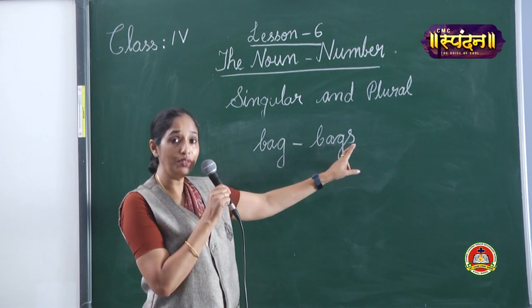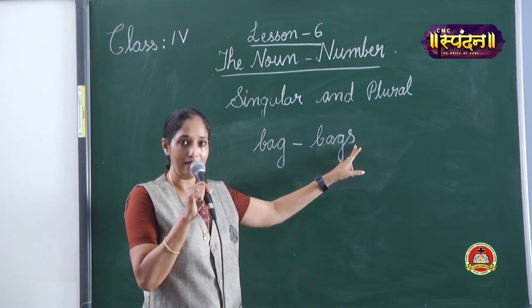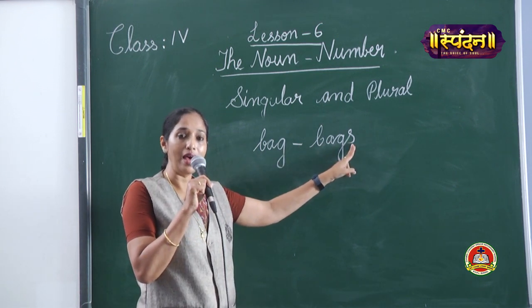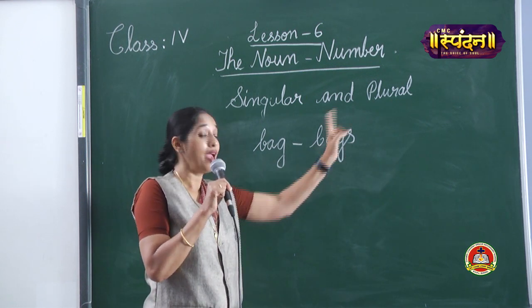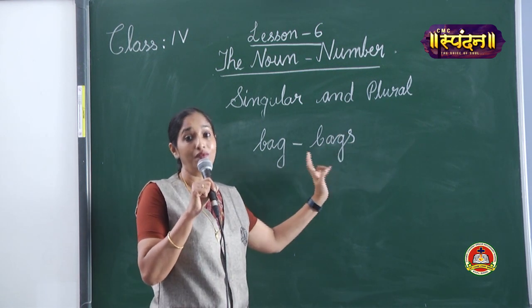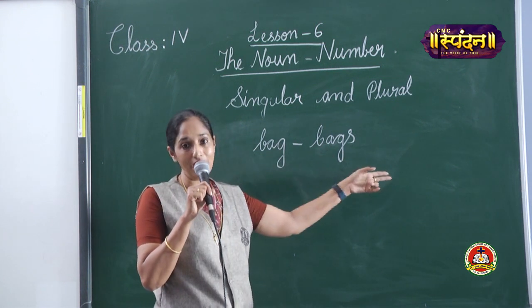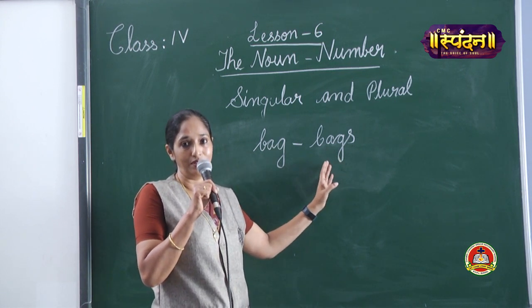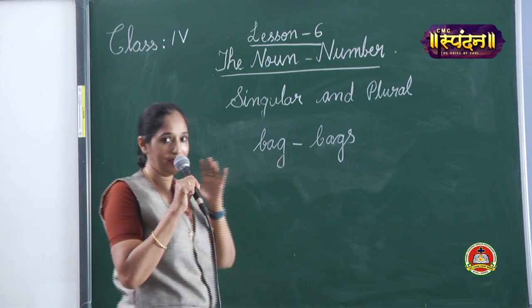Most of the nouns form their plural by adding s. Bag, we added s to the word and we got the plural bags. It can be any number of bags, 5 bags, 2 bags, 100 bags, 1000 bags, whatever it is. So most of the nouns form their plurals by adding s.